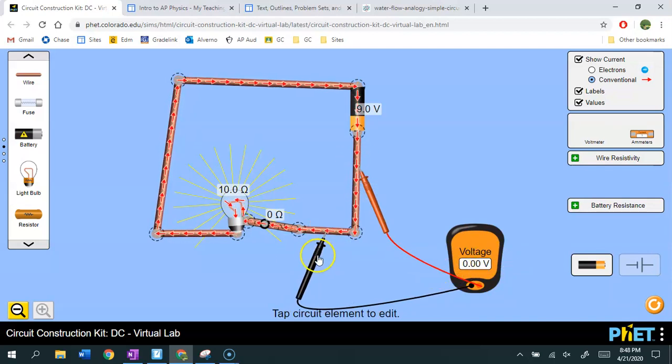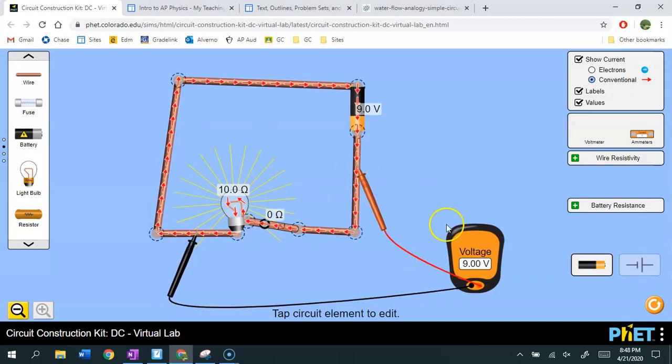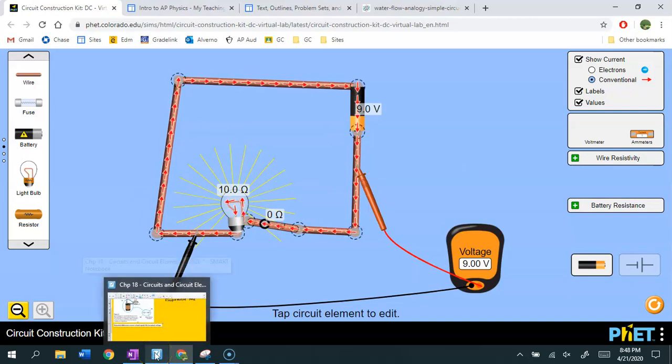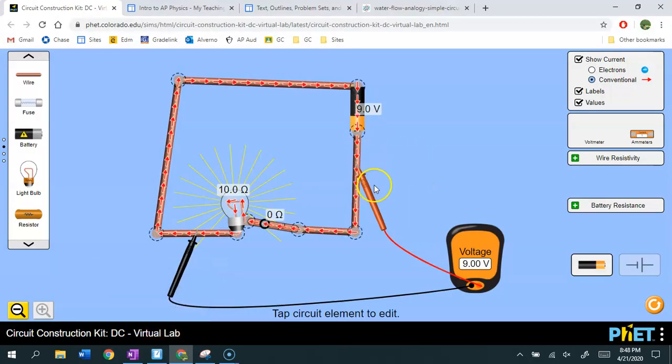You understand? But why was it not 0 here? Because now all of that current went through. Pretend this is like the water wheel, and those electrons, or that charge, flows down. And when it flows down, the difference between this part of the circuit and that part of the circuit is now 9 volts. And so when we say that the potential difference across the load equals the terminal voltage, that's what we're referring to: however much you have on that battery, it's going to be dissipated so that by the time it comes back in, you've got nothing left, right?